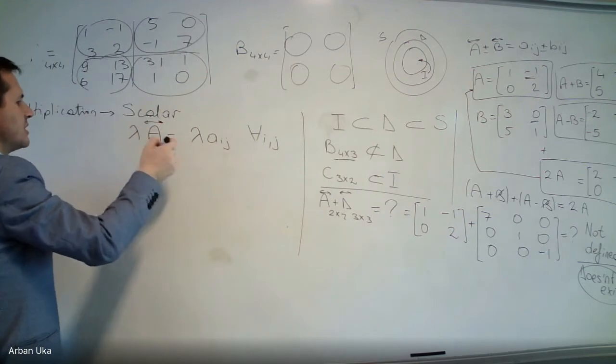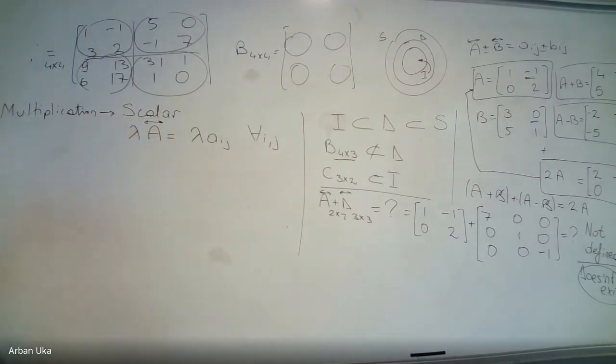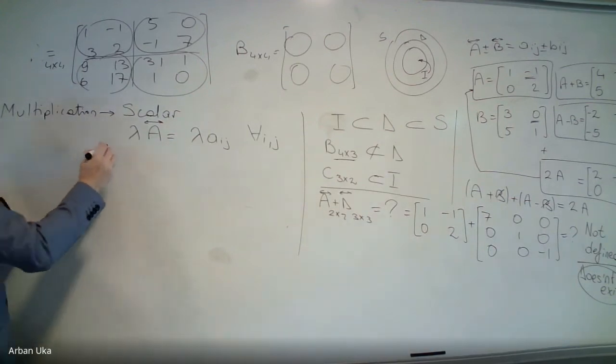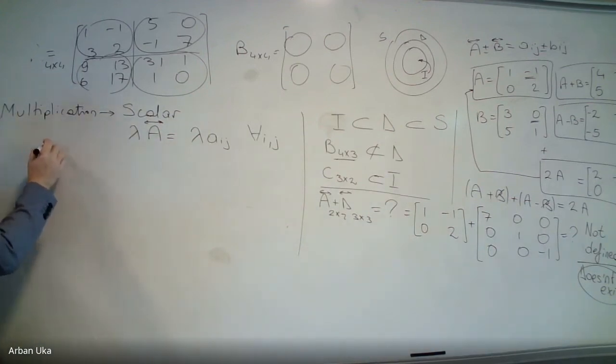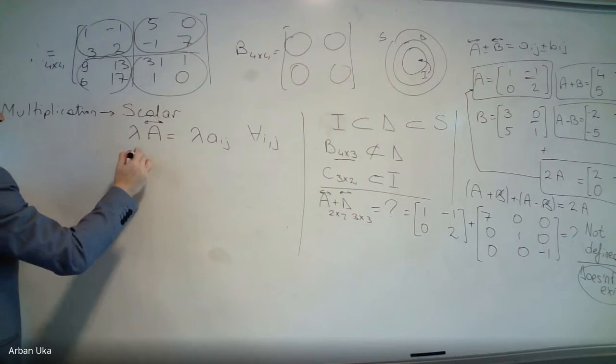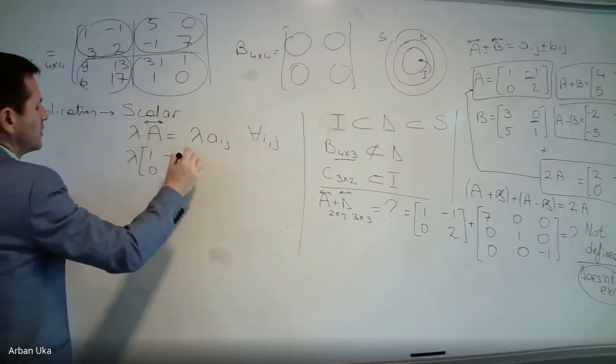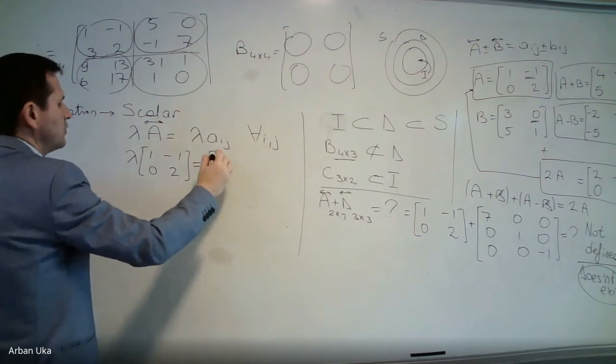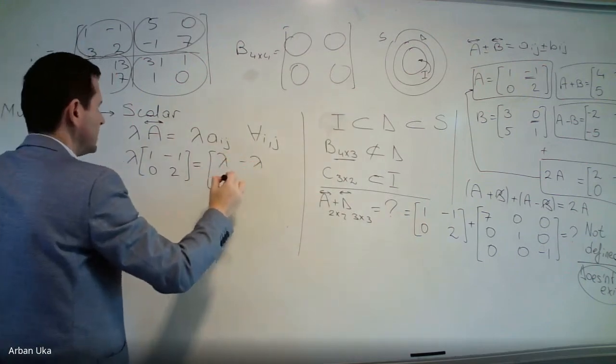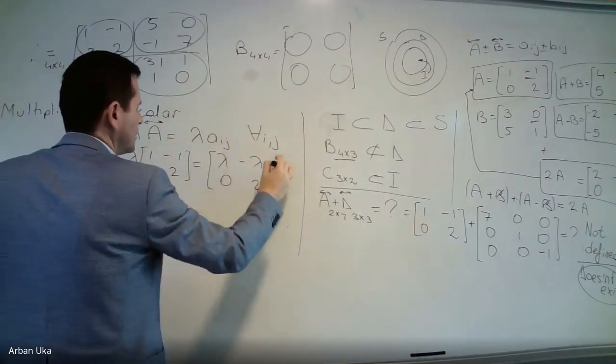Okay, so this is how we can define it, which means that let's keep the matrix A over there as a reference, and let's assume that we want to calculate lambda times A, which is lambda times 1, minus 1, 0, 2. And this will be equal to lambda, minus lambda, 0, 2 lambda.